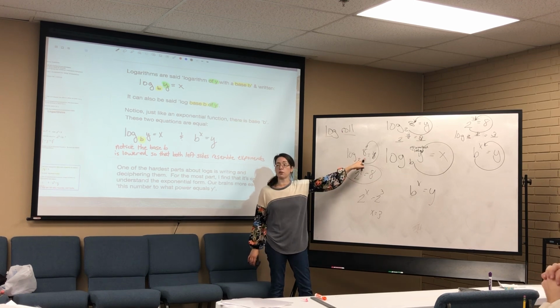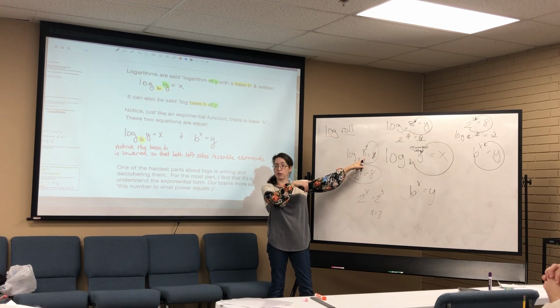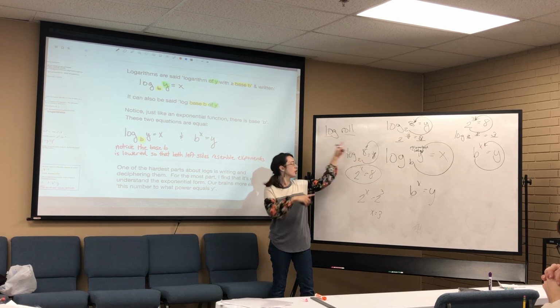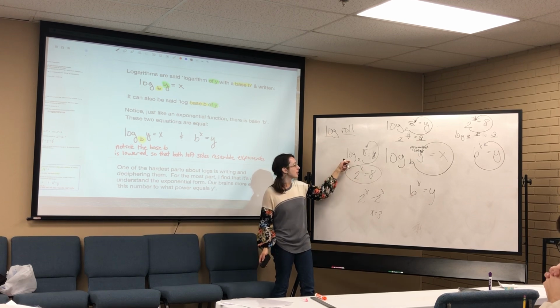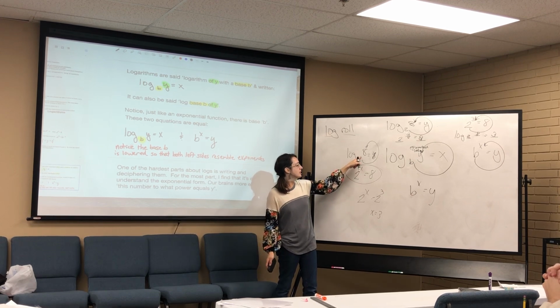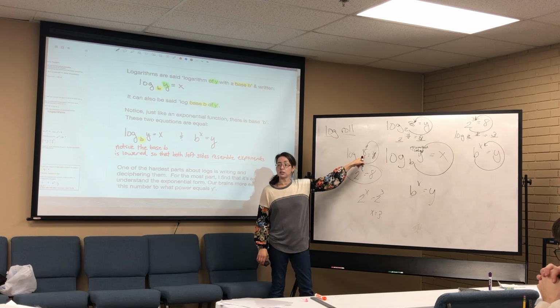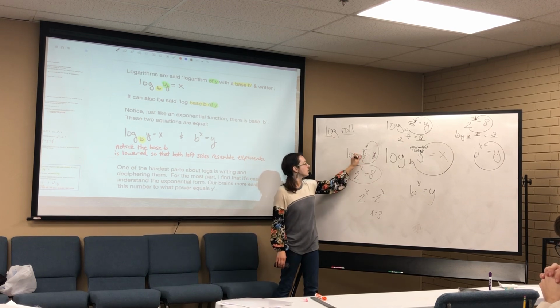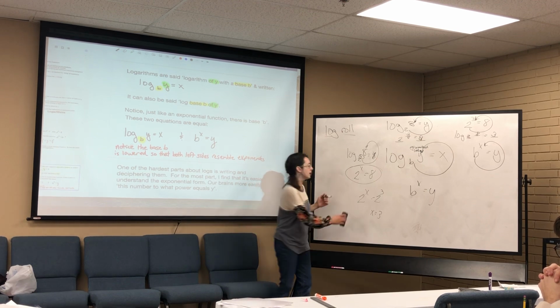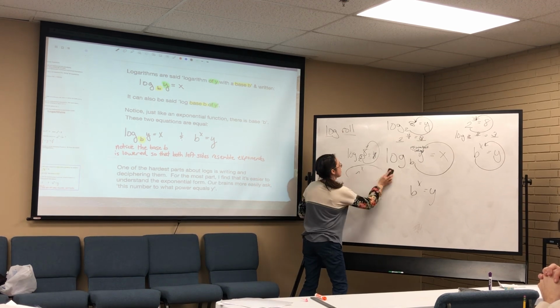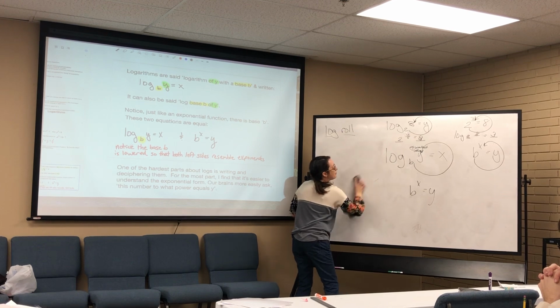It is very difficult for me personally to figure out on the log ones. So I often rewrite them as an exponent because that makes more sense to me. That's going to be a personal preference for you. If you can look at this and go, oh, I've got 2 to some power and that equals 8, I know that 2 to the third, so my missing component has to be 3 in that one. They mean the same thing.